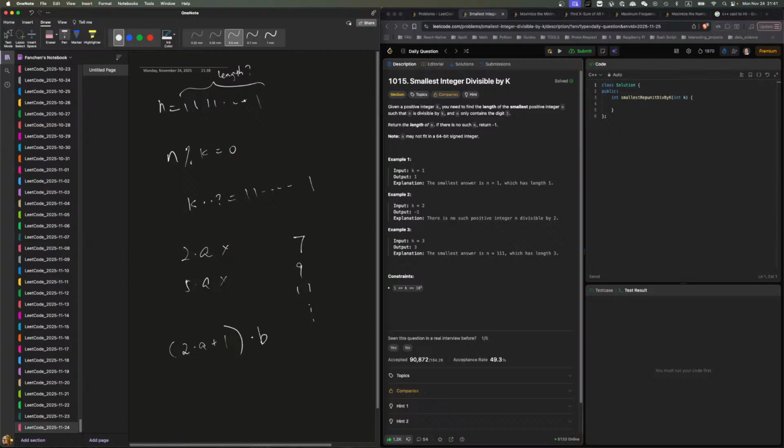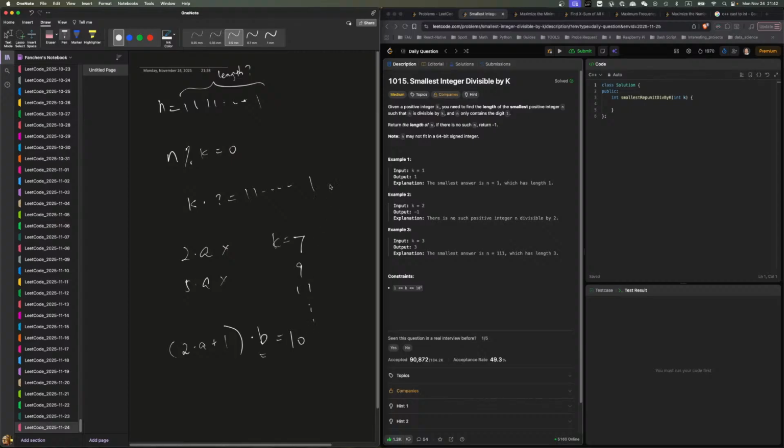Actually, no, we want to know divisible by k. Yeah, this is a k. Wait, hold on. This is a k. So k equal to this, right? So the k times some b will equal to basically 10 to the, I don't know, return the length.